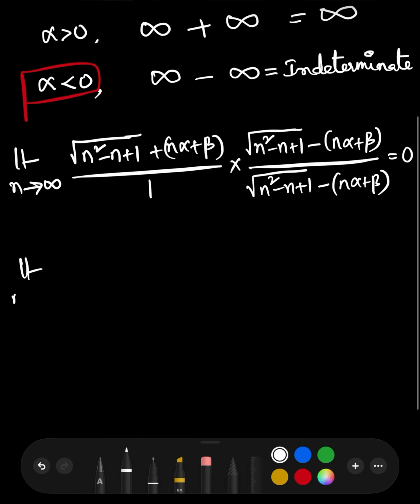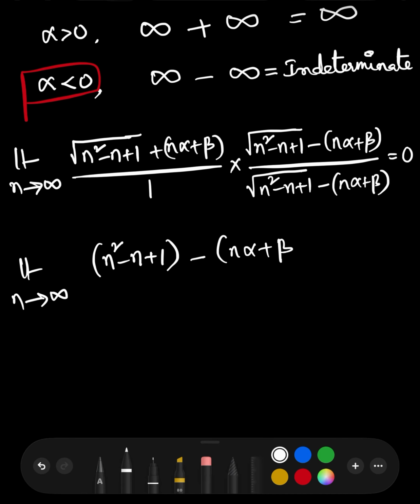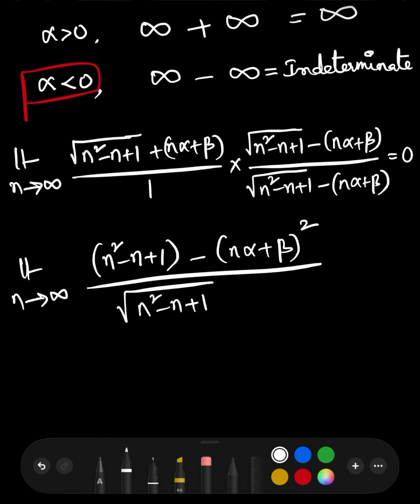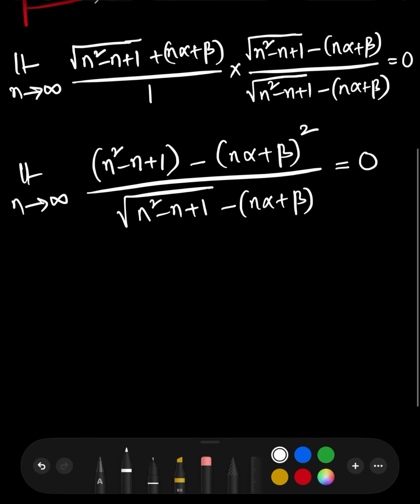Coming to the numerator, it is in the form of a minus b into a plus b, so it is n square minus n plus 1 minus n alpha plus beta whole square, divided by root over n square minus n plus 1 minus n alpha plus beta, equals 0.